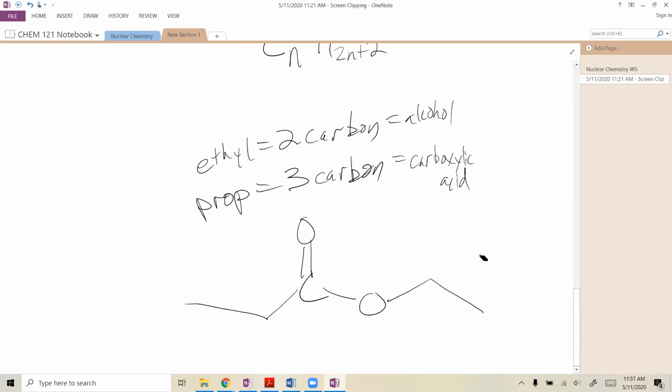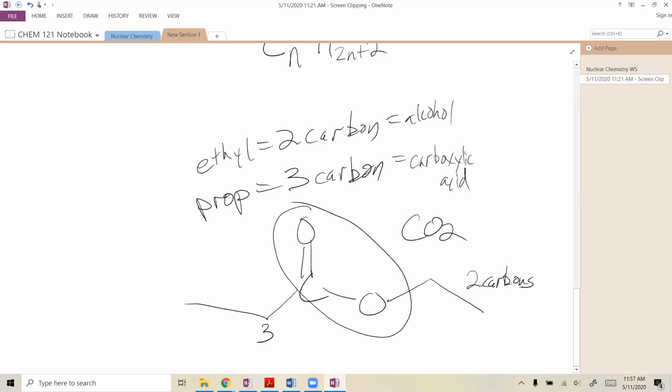So you can kind of see which side of the equation you should be on based on where those O's are. So when we see this, this gets written as CO2. On the left-hand side of it, how many carbons are we looking for? 3. And on the right-hand side, we're looking for 2 carbons.